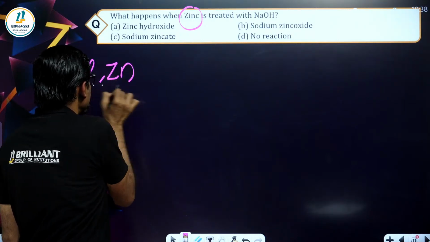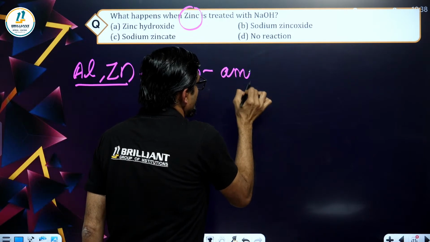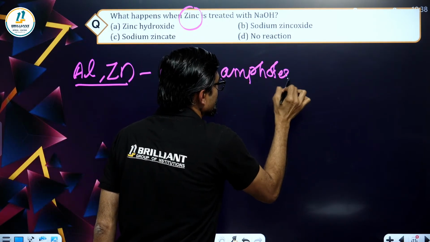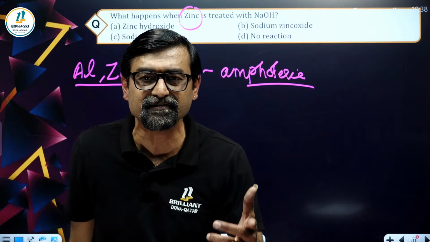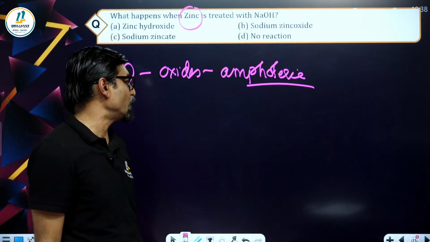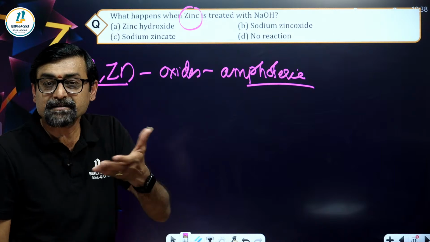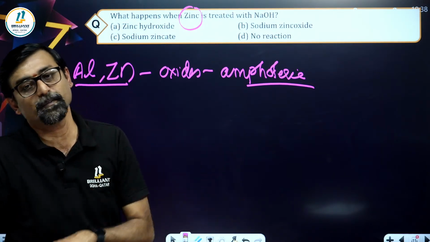And what is the meaning of amphoteric? It reacts with both acid as well as base. Certain times it acts as a base, certain times it acts as an acid, in the presence of acid and base.